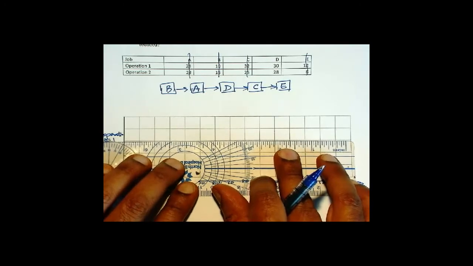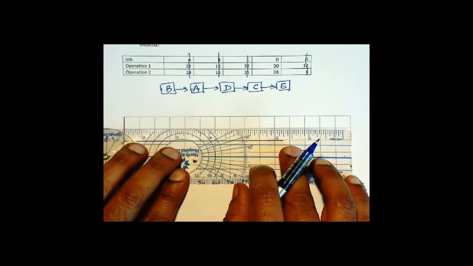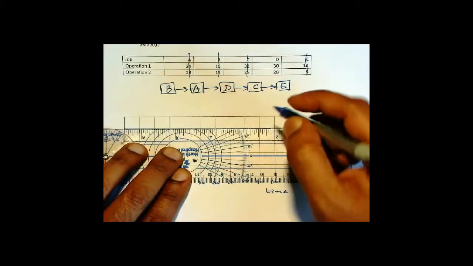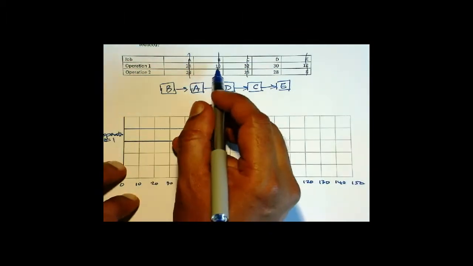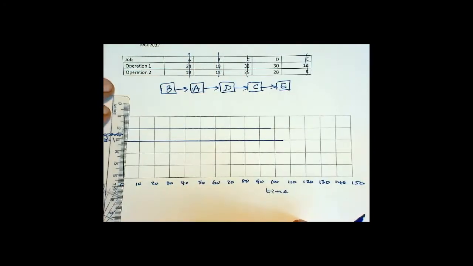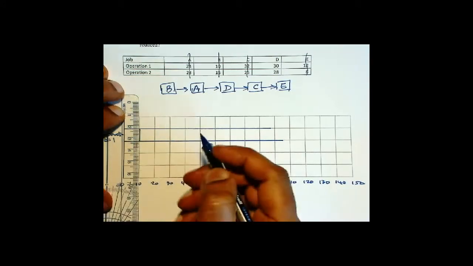We'll schedule operation 1 in its entirety first, and then we will look at operation 2. The first one is B. B takes 10 days or 10 hours or whatever the case may be. So that is 10.